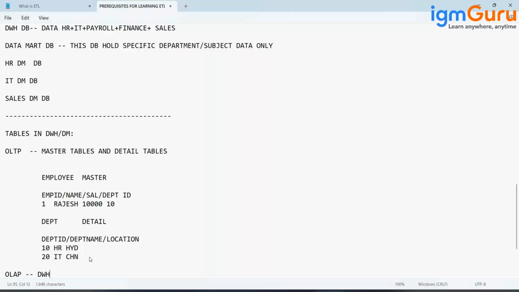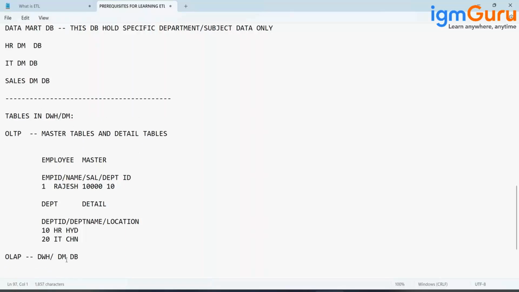What type of tables do I use as part of my warehouse or data mart databases? There are dimension tables and fact tables.